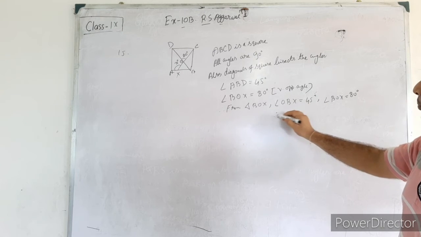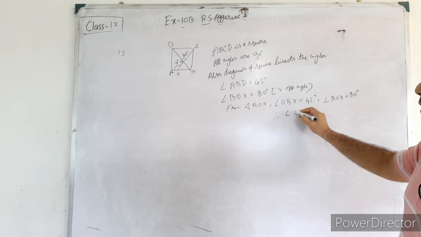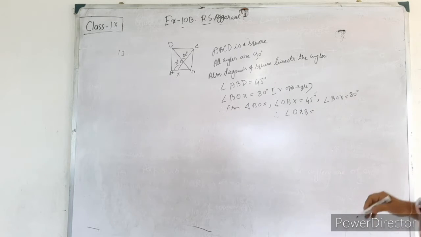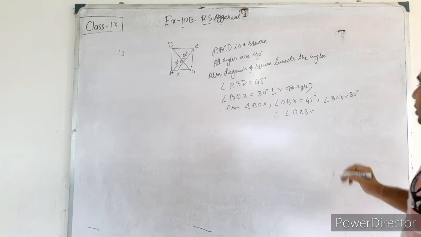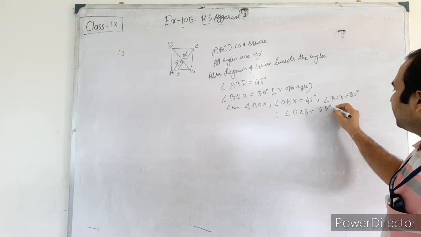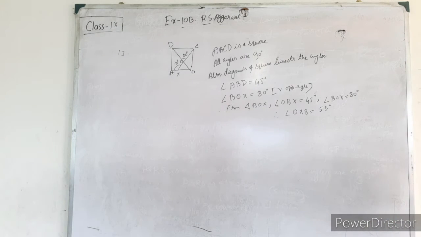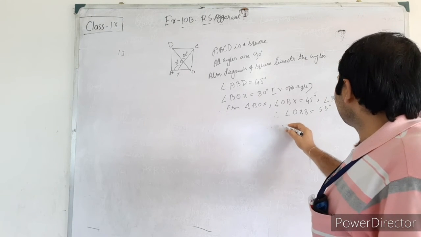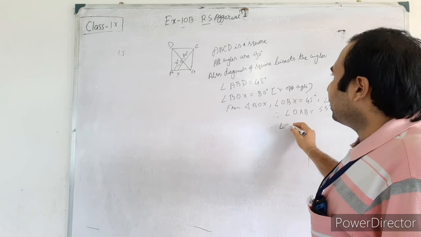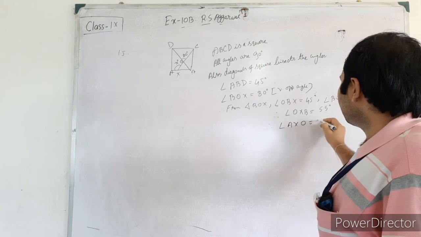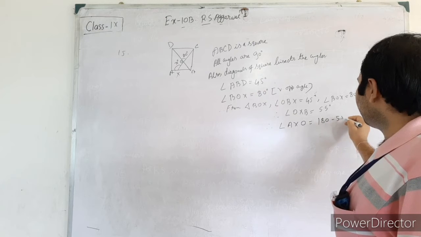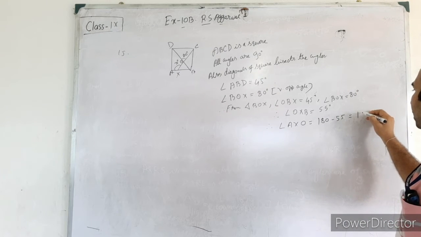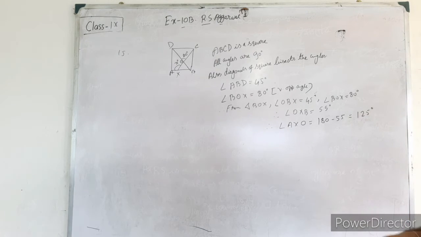So obviously angle OXB equals 180 minus 45 minus 80, so it is coming 55 degree. So obviously angle AXO is equal to 180 minus 55, so it is 125 degrees.